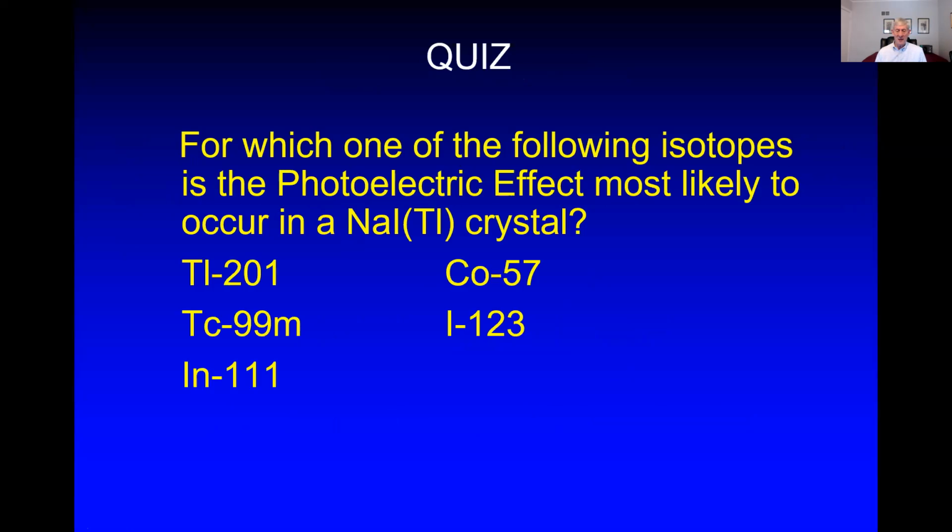How about thallium? Anyone? 70 and 167 keV. Good. So thallium has about 70 or 71 keV. Those are the X-rays. And there's like, I think, a 135 and 167 keV gamma rays. So thallium is pretty low. Most of what we image is 71. Technetium? 140. 140. Indium-111 has 2 photons.